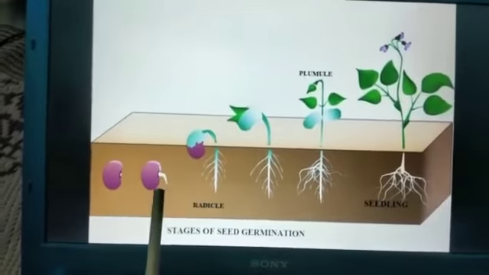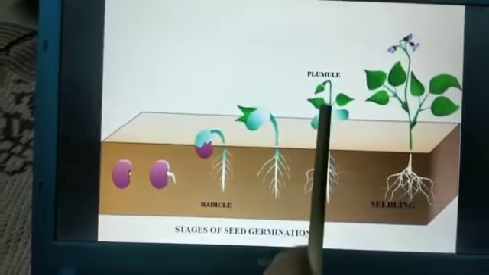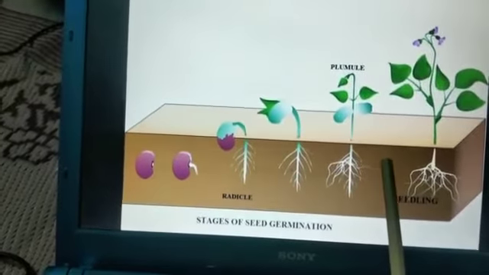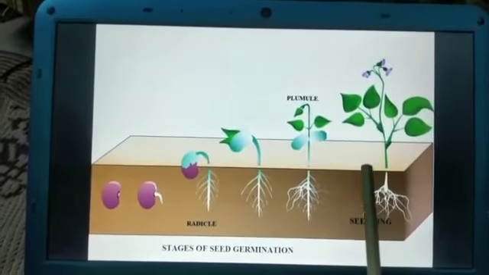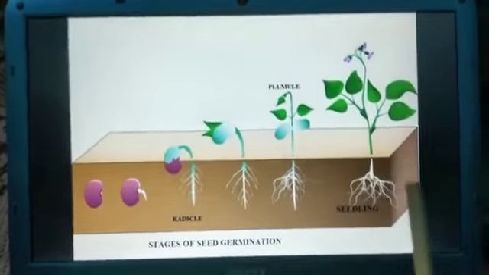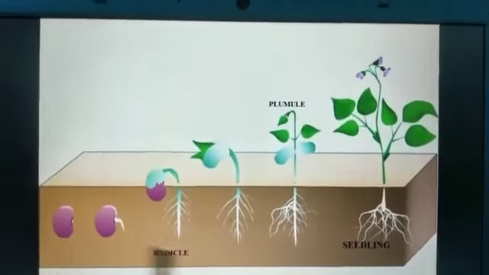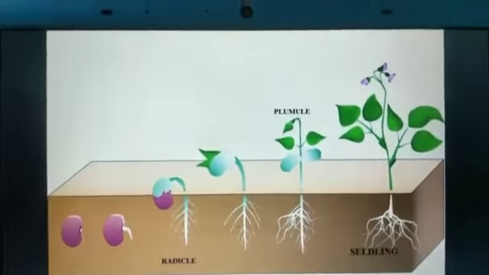The new plant develops a root called radicle and a shoot called plumule. The plant grows in size and develops leaves. Cotyledons shrink and disappear gradually. This process of a seed turning into a seedling is called germination.